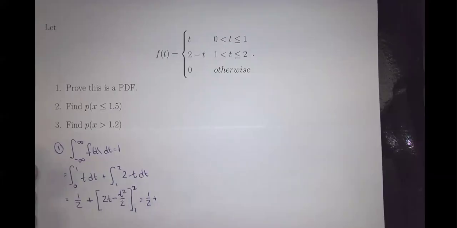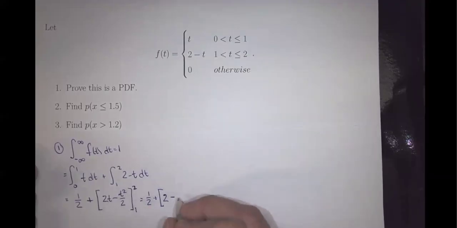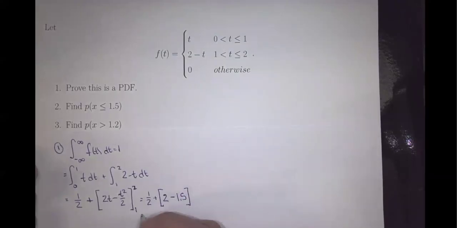So 4 minus 2 is 2, minus, we plug in 1 there, we get 2 minus a half is 1.5. 2 minus 1.5 is a half, so this is, in fact, 1/2 plus 1/2, or 1. So this is indeed a probability density function.